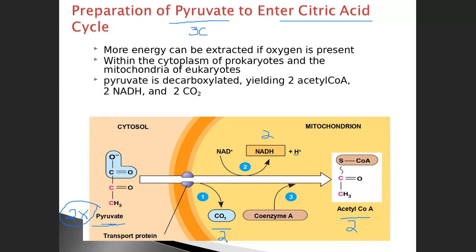How many? No, not 2. 0. Because remember, FADH2 is only produced in the citric acid cycle. Okay? And how many ATP are formed here in the prep step? 0. Okay? Questions? So now you know. All right, let's go.